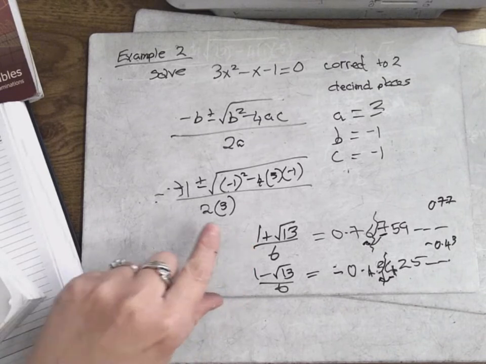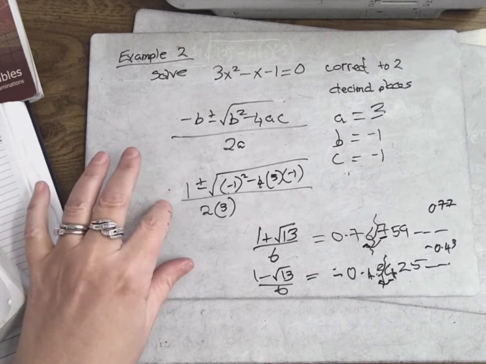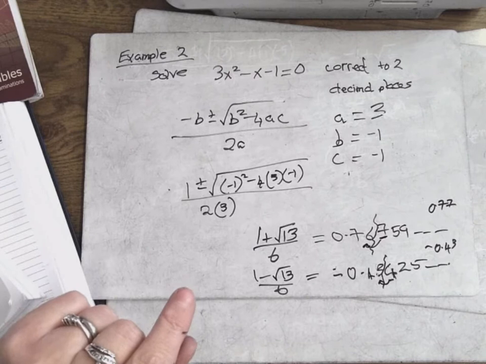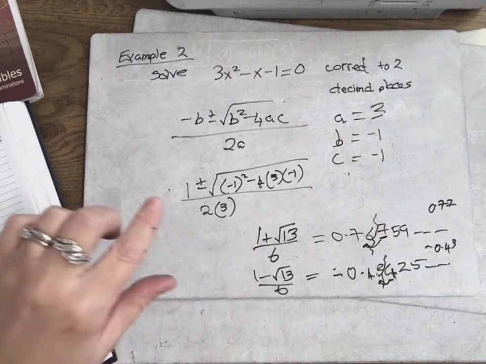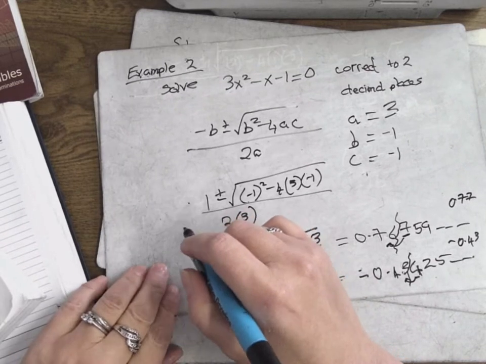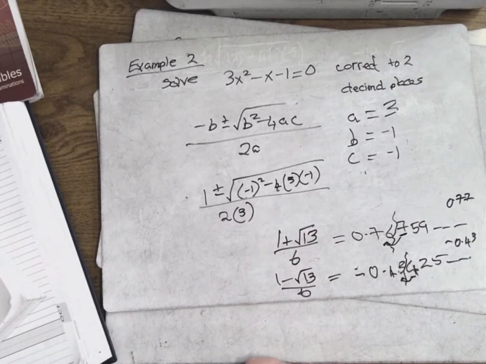Minus 1. But it's plus 1. Can I show you why? No, it's minus 1, and minus gives you a plus, doesn't it? Yeah, that's the 0.77, that's both of them. No, I got the same answer for both sides. Say that again? When I changed the sign from plus to minus, I still got 0.77.